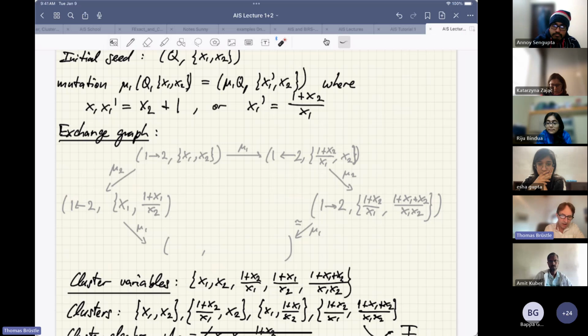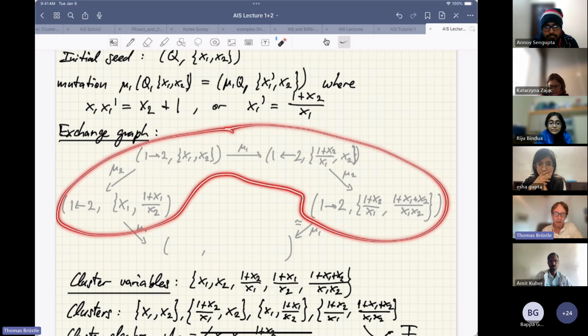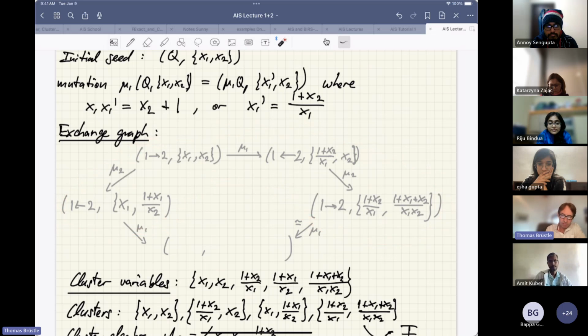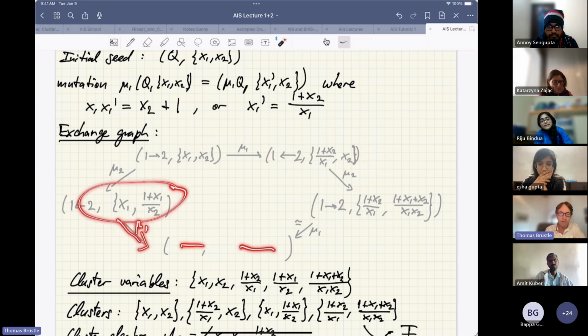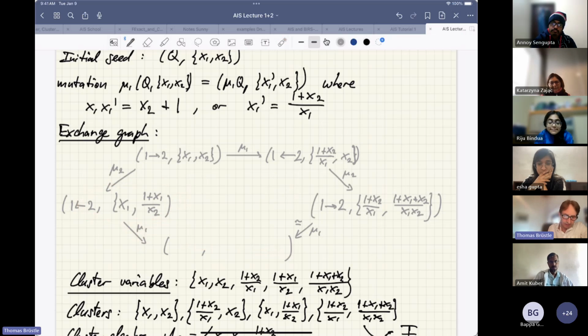So the exchange graph that we computed so far is this one, and we need to keep on mutating. So this one looks very symmetric to that one. So let's continue here. Let's do mu1 of this one and see what we get here. Okay? Good. Let's do this.